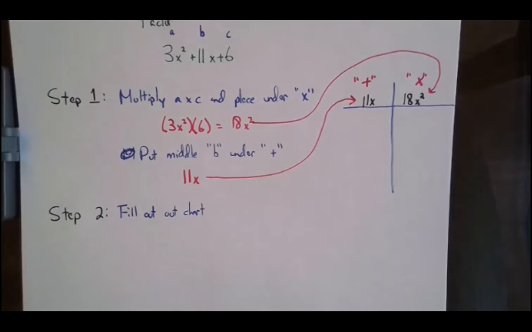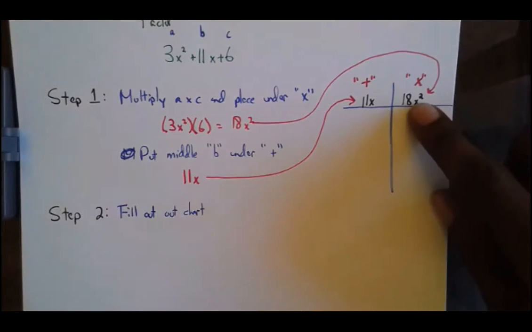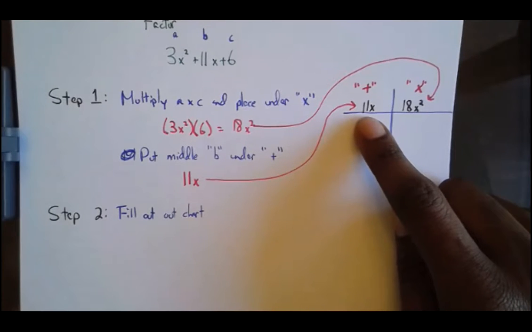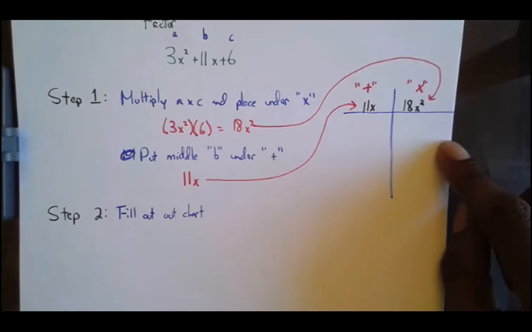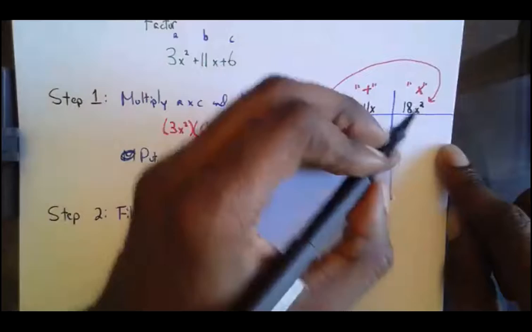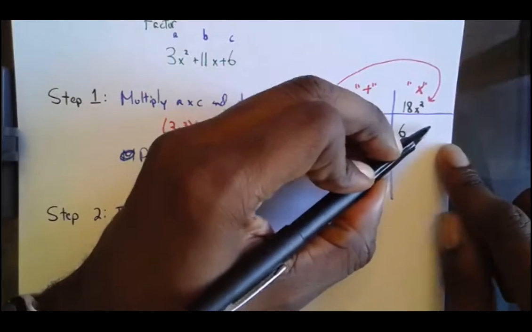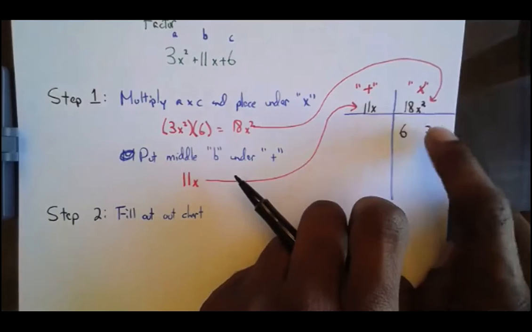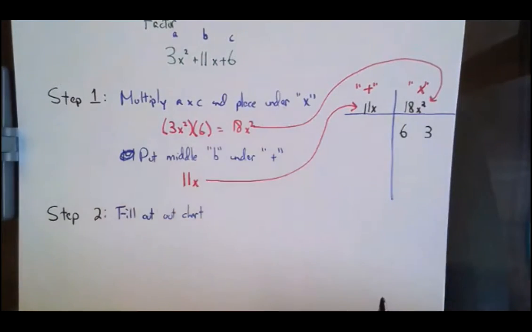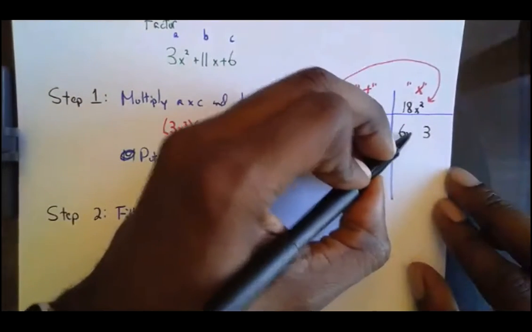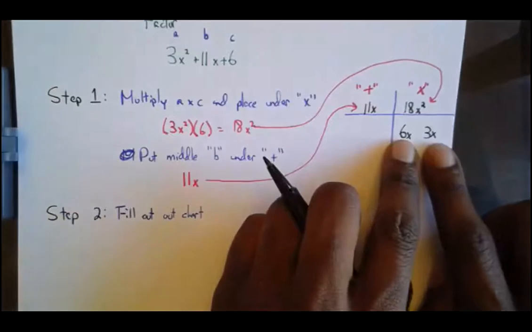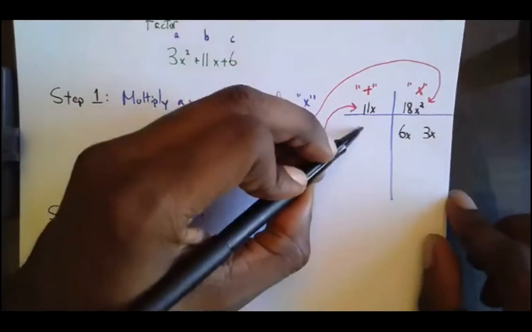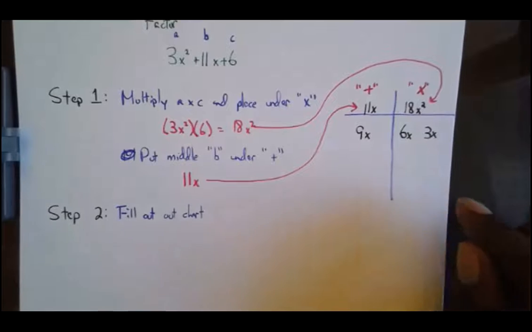The chart says find two numbers that will multiply to this, but add to that. For instance, I can't just do 6 times 3 because 6 times 3 is 18, not 18x squared. So I have to do 6x times 3x to get 18x squared. But then that would add to 9x. So it's not 6 and 3.